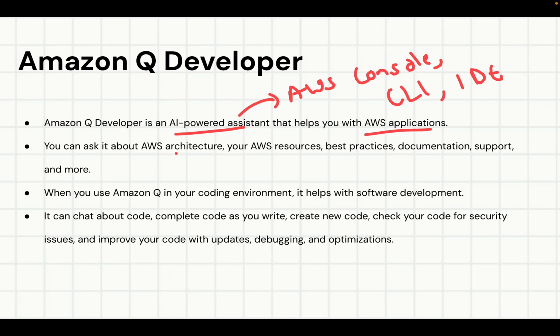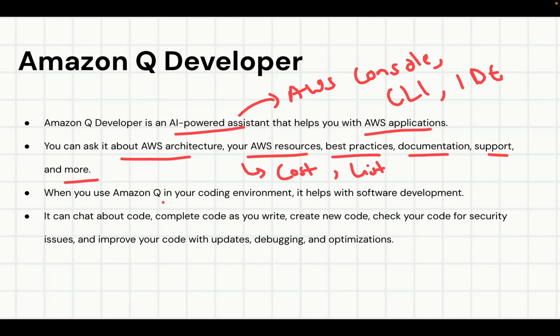With the help of Amazon Q Developer, you can ask about your architecture, your AWS resources, best practices, documentation support, and more. Let's take an example. If you want to know the cost usage, you can do so. If you want to list all your buckets, you can get those things from Amazon Q Developer's help.